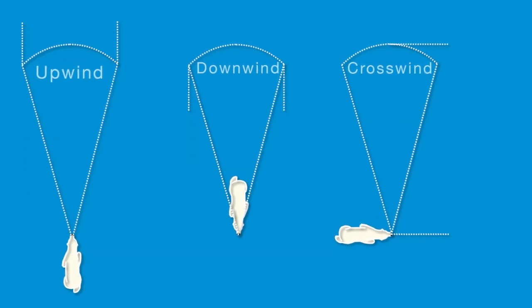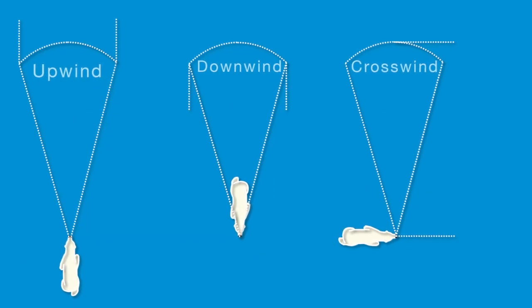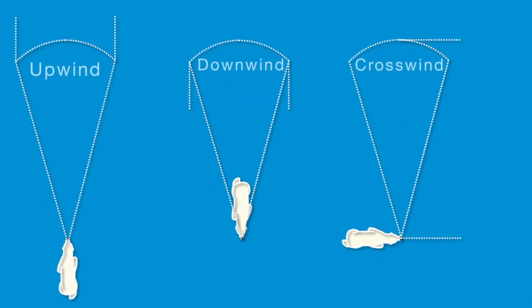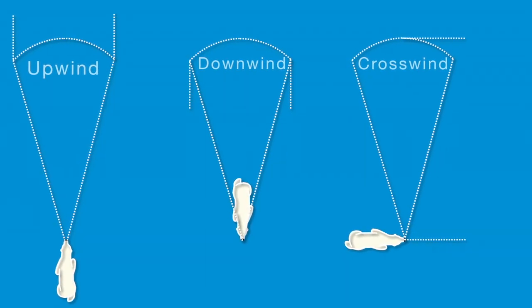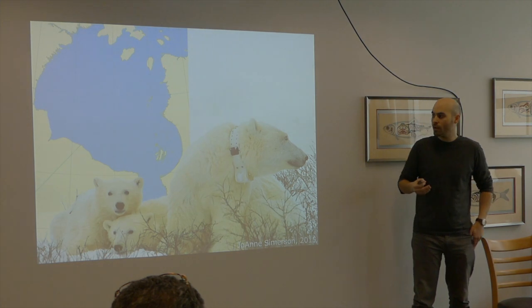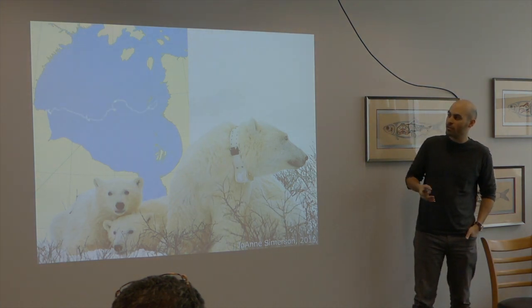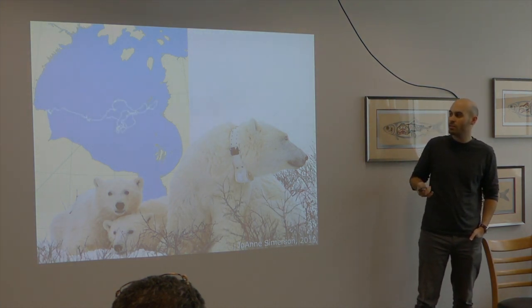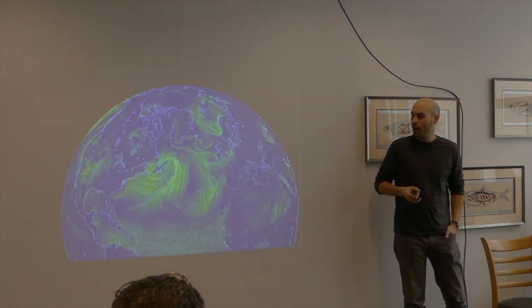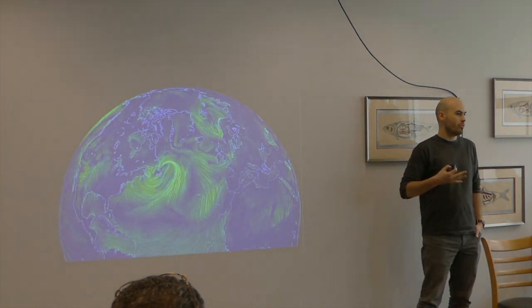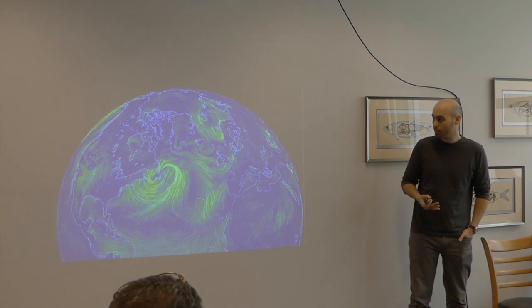And it's this rapid crosswind movement that I'll be using as a sign of foraging polar bears. To identify this, we have GPS tracks of polar bears, and we'll compare these movements to wind data that are used for weather forecast systems.